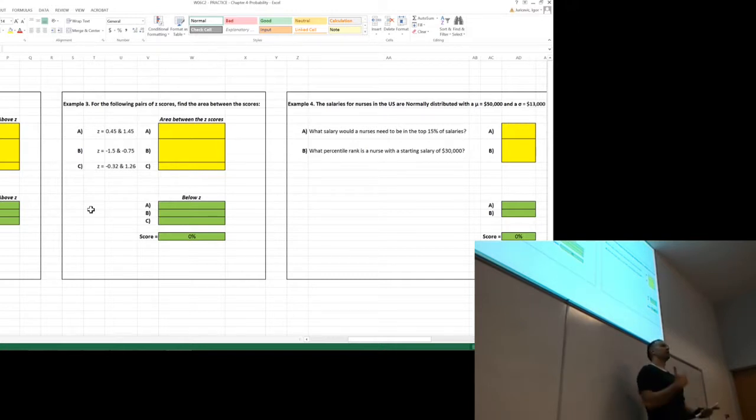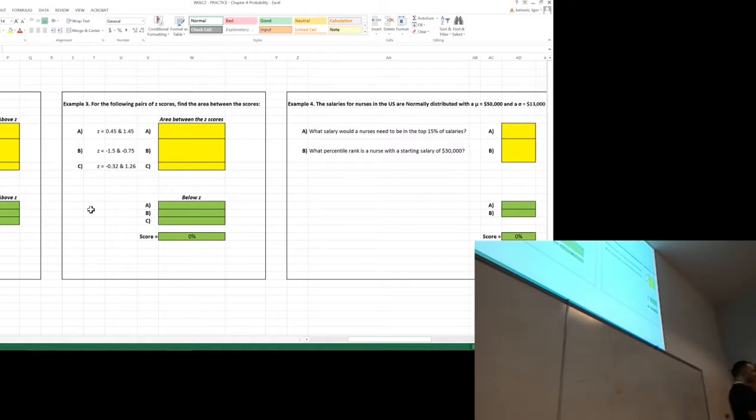We had to use a little bit of logic and math to figure out that, if that's 0 right there and that's 0.43, and we want what's below, we have to take that portion from the table, and then to that we're going to have to add the remaining portion, which is the 50%.